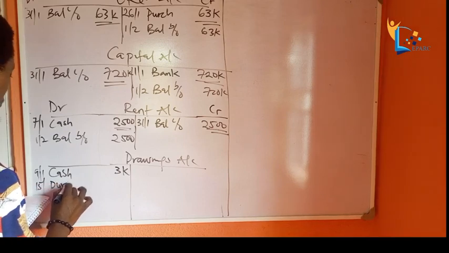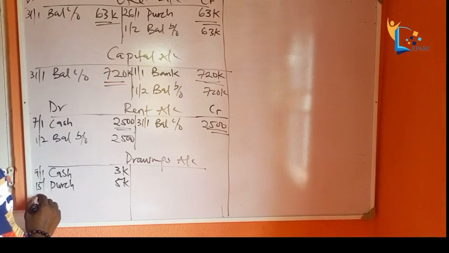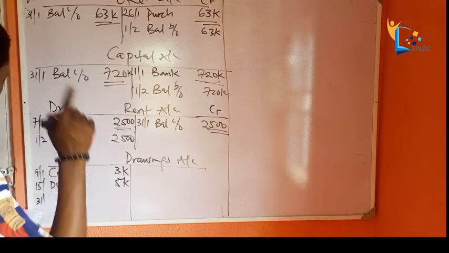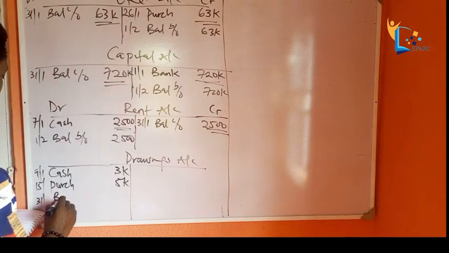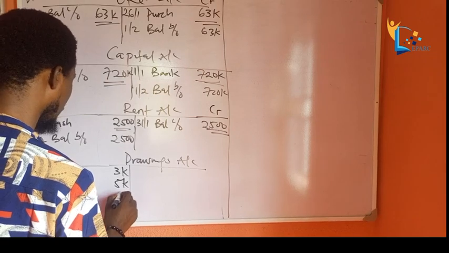So we have purchase of 5K. Then on the 31st, we withdraw cash again for office use. If you check our cash book, you will see it, which is 3K.